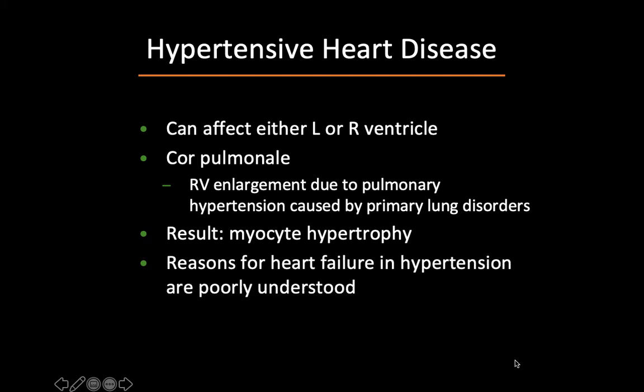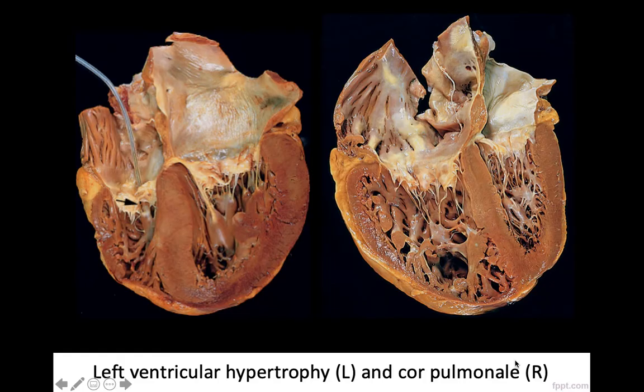And the reason for heart failure in hypertension is really kind of poorly understood, because here's the weird thing. You would think that the heart would just become stronger and have the ability to continue to pump that blood even though there's hypertension in the system. The issue becomes the heart is too thick first and then eventually wears out.